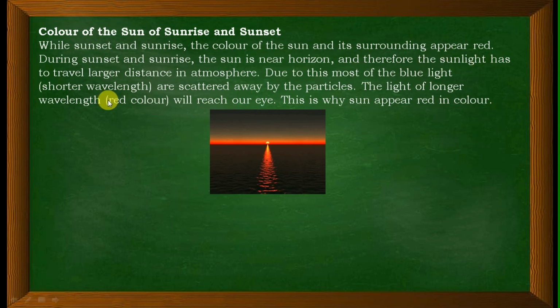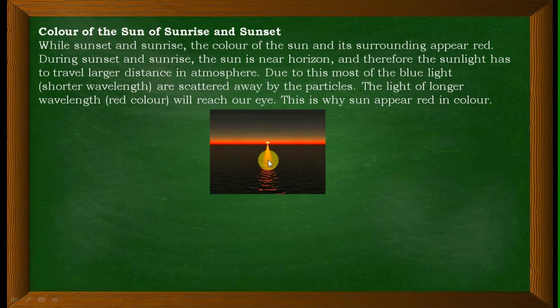So the sunlight has traveled larger distance in atmosphere. Due to this, most of the blue light, that is shorter wavelength, is scattered away by the particles. So what happens here, the blue light that is scattered goes away, and what remains is the light of the longer wavelength, that is red color, which will reach our eyes. This is why the sun appears red in color.